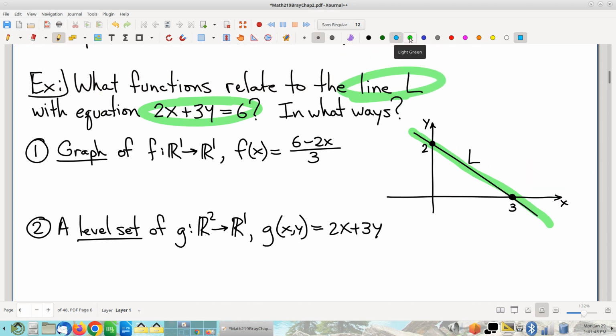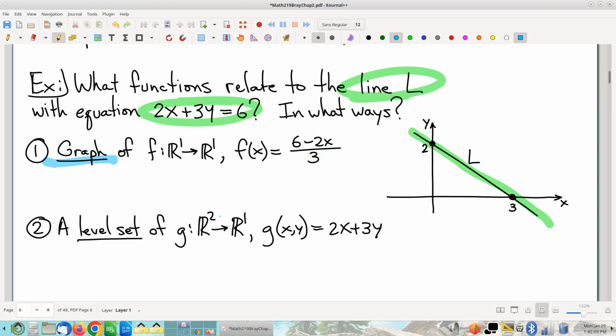So this is a graph of this function right here, I claim. Now, you might look at the algebra that was given and the function whose graph it is and notice that they're not the same. They're importantly different, right? So what gives me the right to say that this line is the graph of this function?